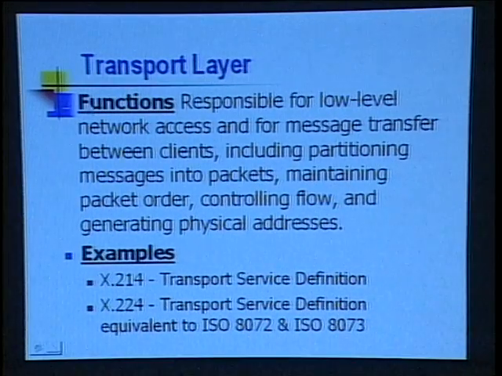The next layer in the OSI reference model is the transport layer, and the function of the transport layer is that it is responsible for low-level network access and for message transfer between clients, including partitioning the message into packets, maintaining packet order, controlling flow, and generating physical addresses for the data transfer.